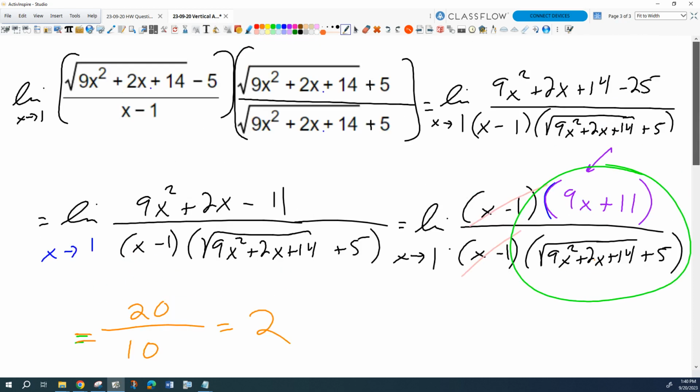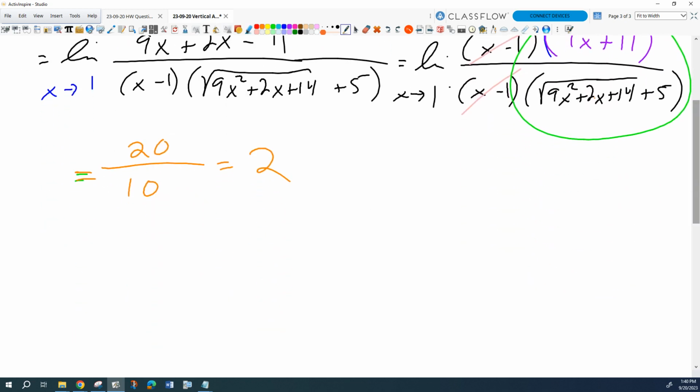So going back to our original problem, we were trying to figure out where the vertical asymptotes and holes were of this function that we started with. Because when we removed the indeterminacy, we got a numerical answer for our limit, now we know there is a hole at the ordered pair.